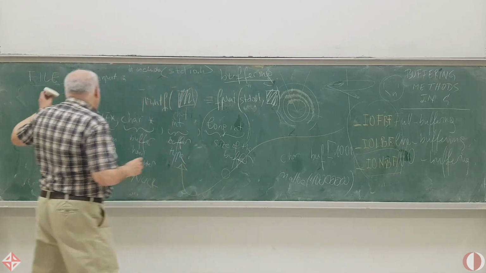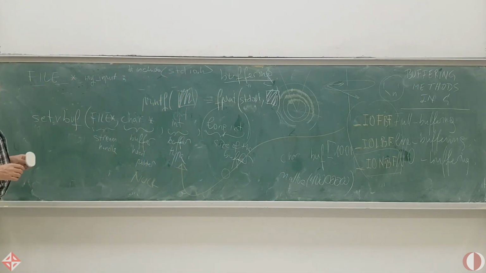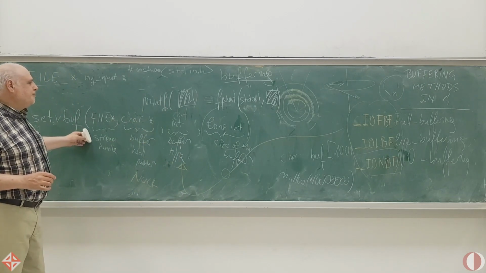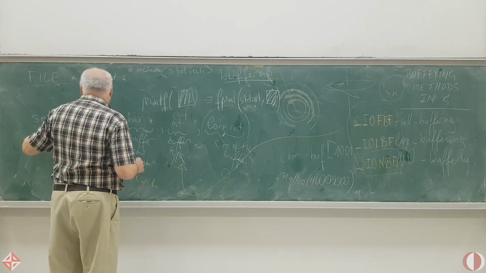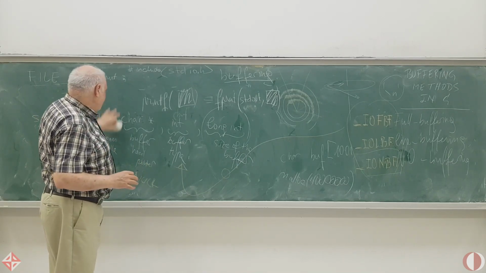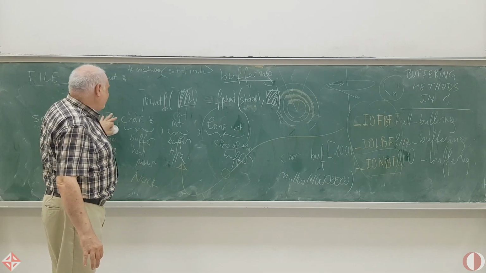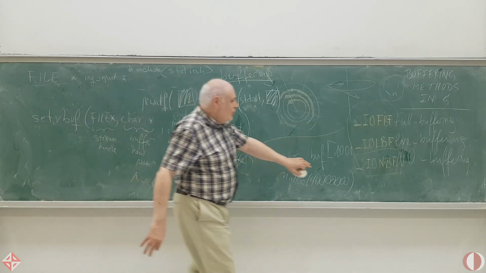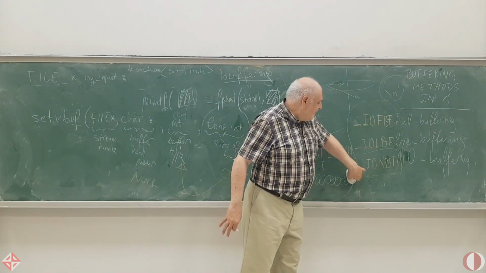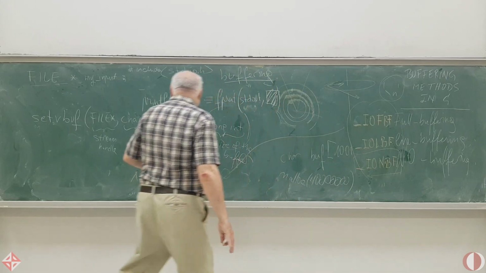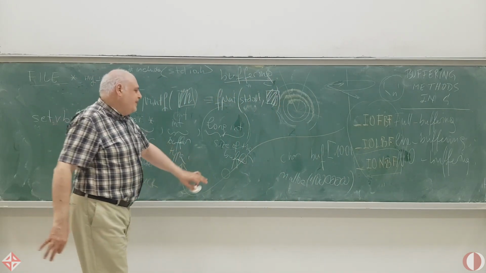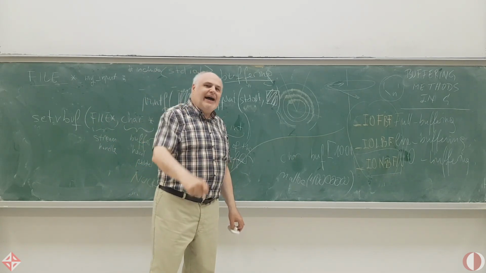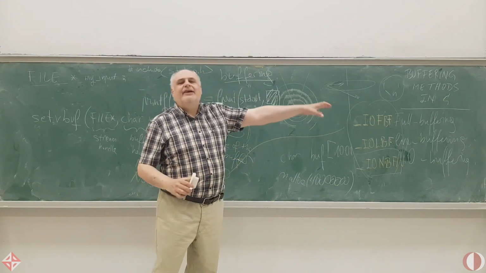Therefore, after the opening of the missile device, for example, I set setvbuf, the missile device, buffer null, buffer type no buffering, _IONBF in here, and the buffer size 0. Then any single byte will go directly to that device.